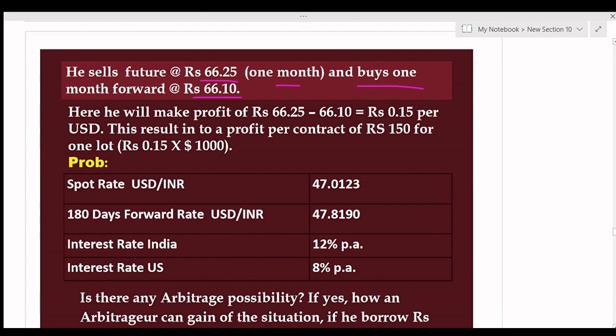Thus he will make a profit of rupees 66.25 minus rupees 66.10, which is equal to rupees 0.15 per US dollar. This results in a profit per contract of rupees 150 for one lot, that is, 0.15 rupees multiplied with $1,000.